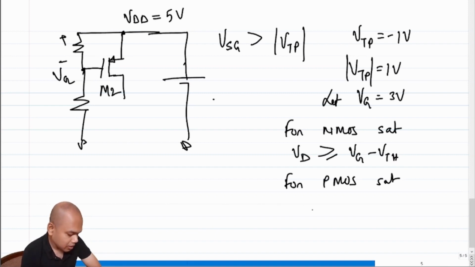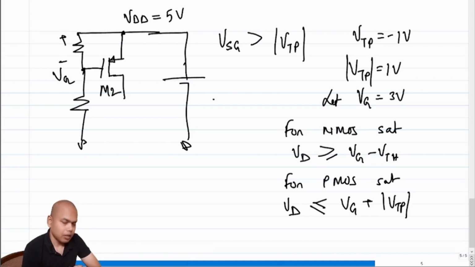Since everything is flipped, this has to be VD less than or equal to VG plus mod VTP, right?